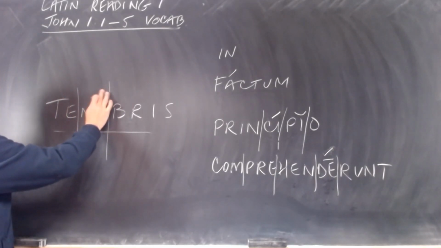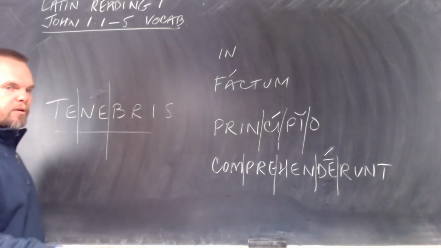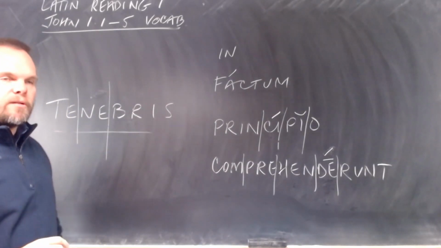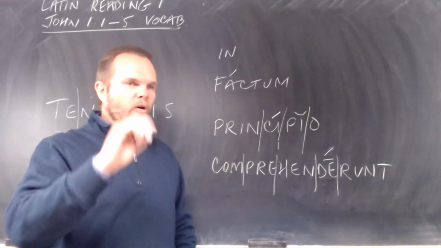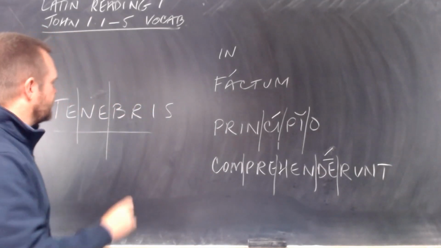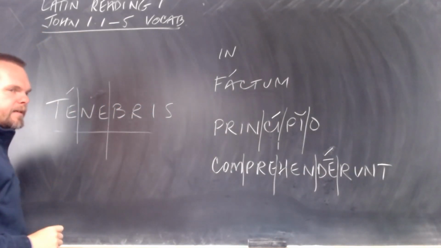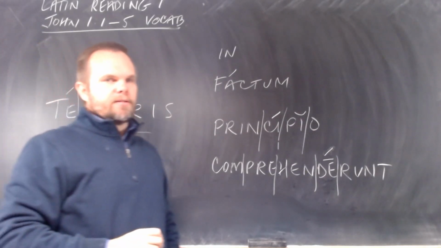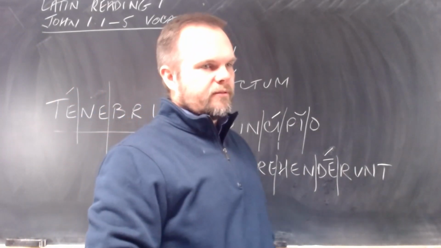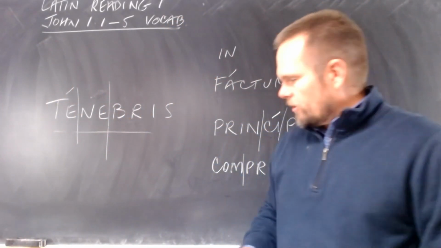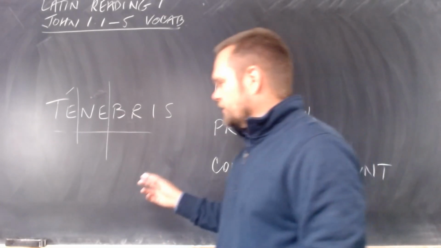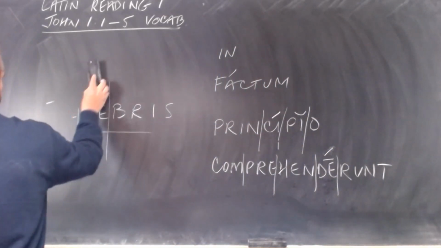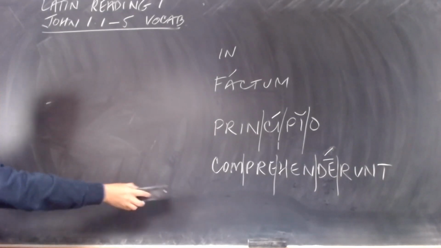But actually, if we look in a prayer book, for example, and some old Catholic prayer books have all the accent marks written on all the words, they accent tenebris. Okay? So I just want you to see sometimes it's confusing, but there's a general rule to follow.